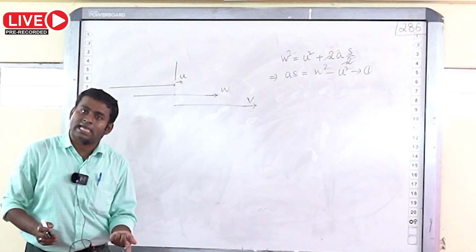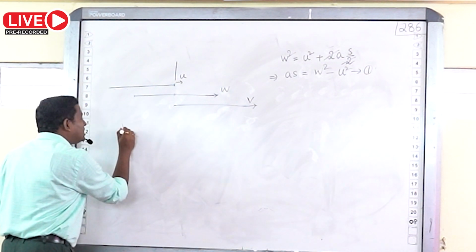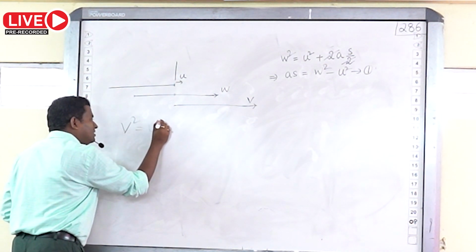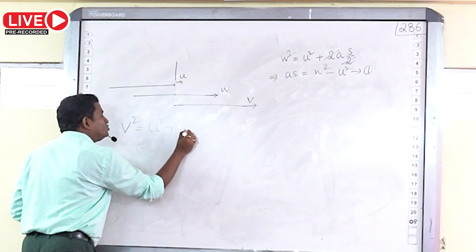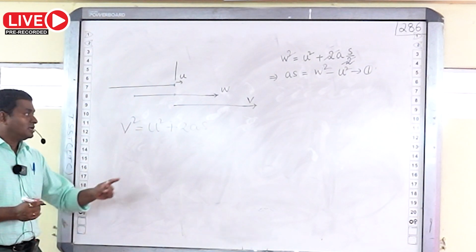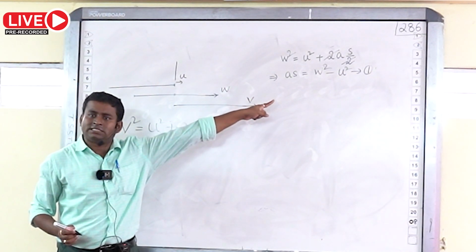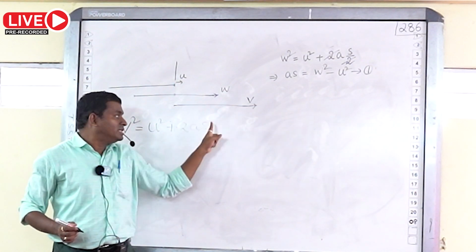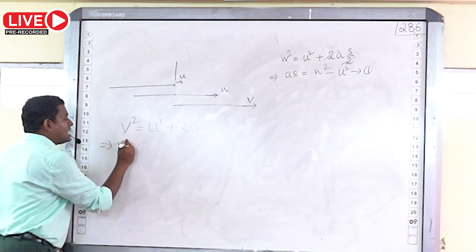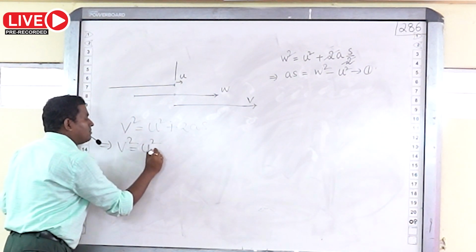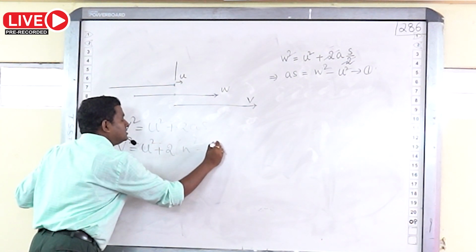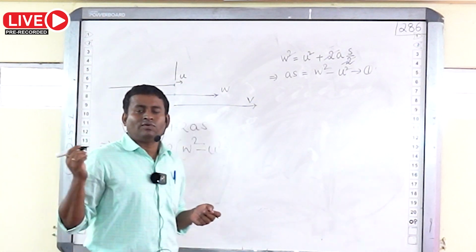So now the displacement is S. So I can use another equation to write: final velocity square equal to initial velocity square plus 2 into a into s. Now for aS I have the value from the first equation. So I will substitute it here and write v square equal to u square plus 2 into w square minus u square. Now find the value of w.